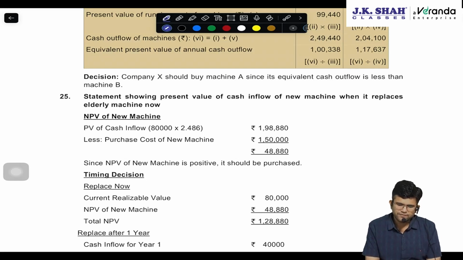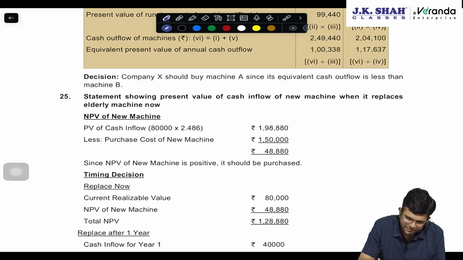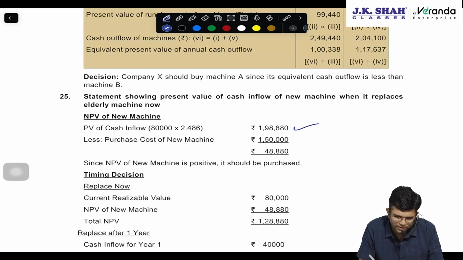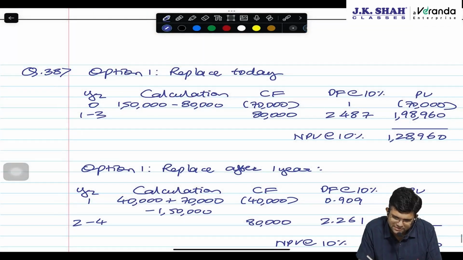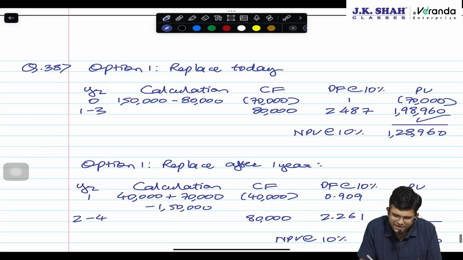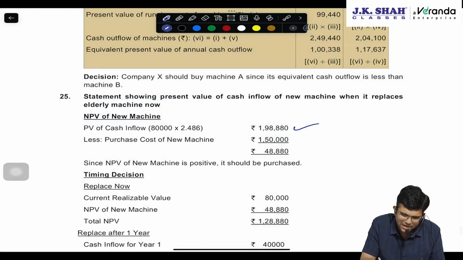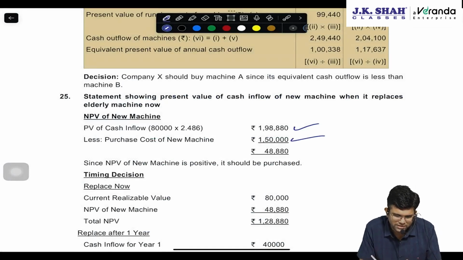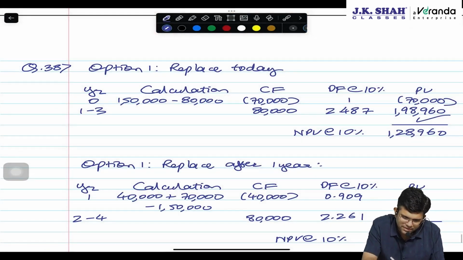So students, if you replace the old machine today, what are they saying? They are saying present value of cash inflows 80,000 into 2.486, which is 198,960. Less purchase cost of new machine 1,50,000.